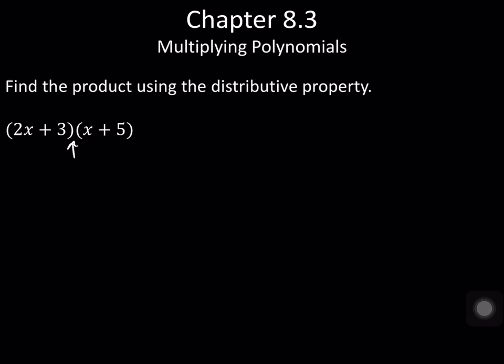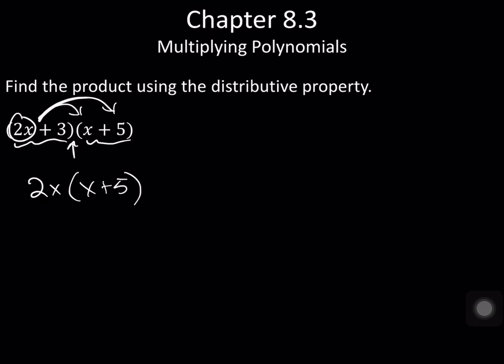Using the distributive property, what this says is the 2x plus 3 wants to be multiplied by the x plus 5. In other words, the 2x wants to get multiplied, and that looks like this. And the 3 wants to be multiplied, distributed.